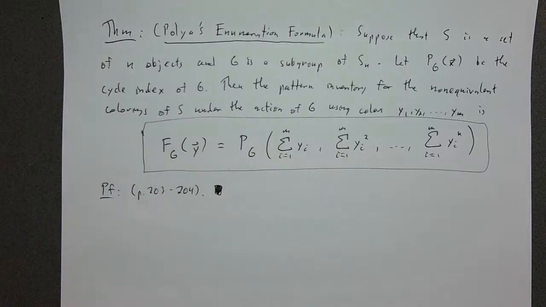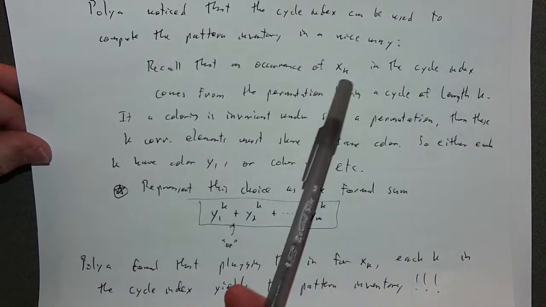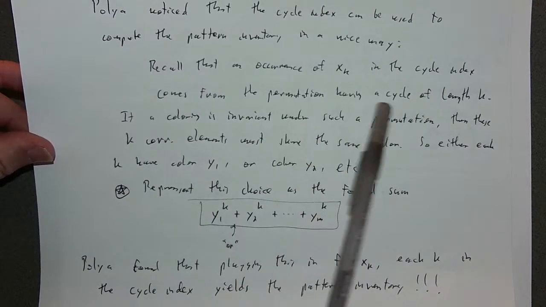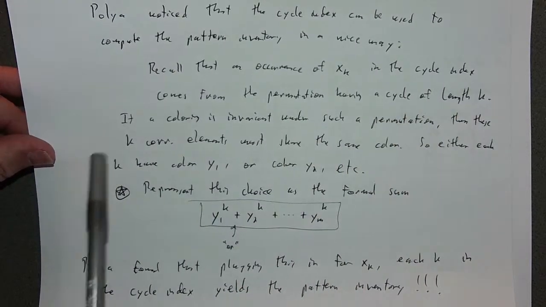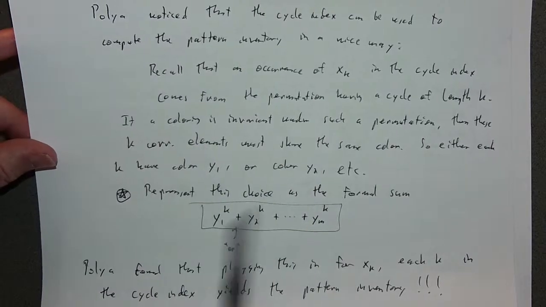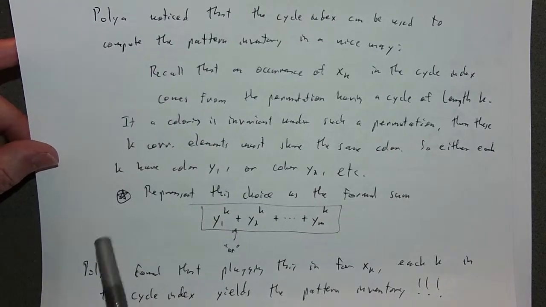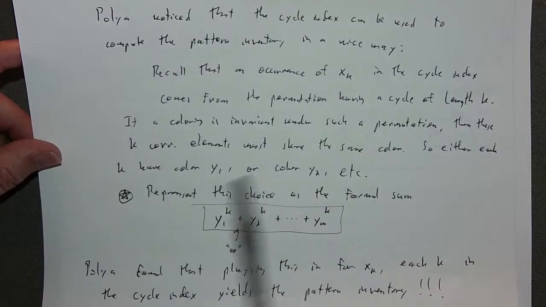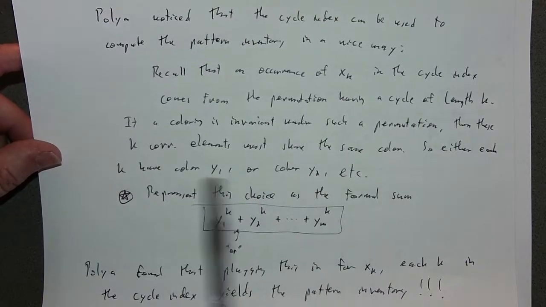build-up idea, as I mentioned, of encoding this in the same way we did with generating functions, by noticing that any x sub k shows up because of a cycle of length k. A coloring being invariant with respect to that permutation means those k corresponding elements have the same color, whatever that color is.